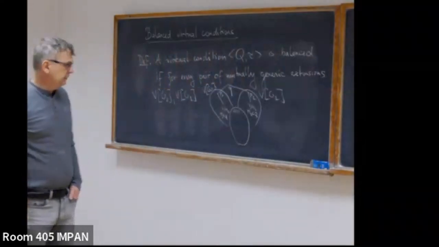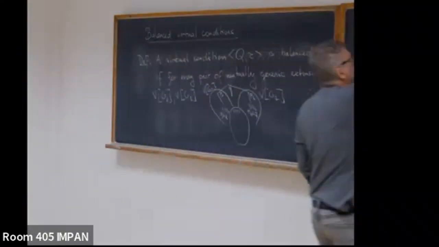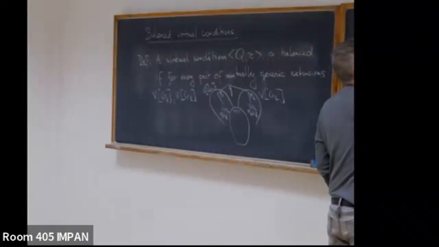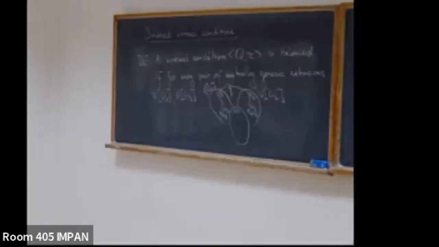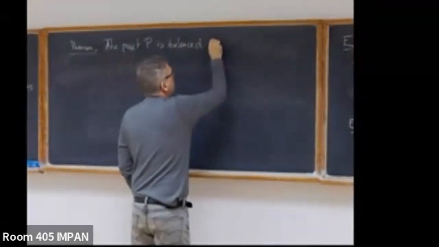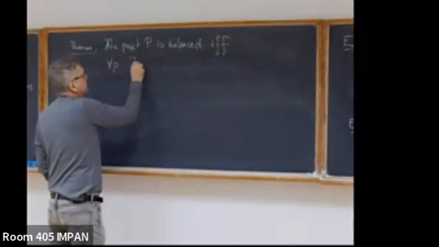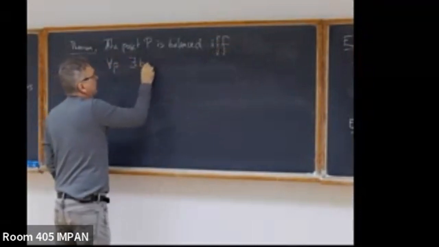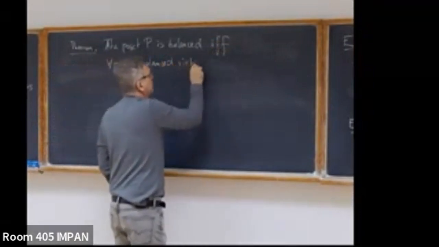There are just some cheap forcing tricks in it. The poset is balanced if for every T there exists a balanced virtual condition.